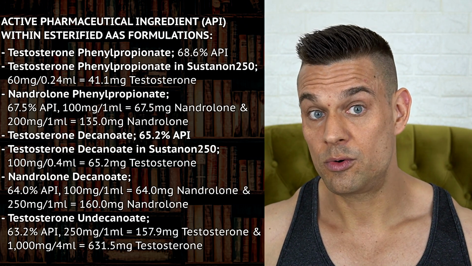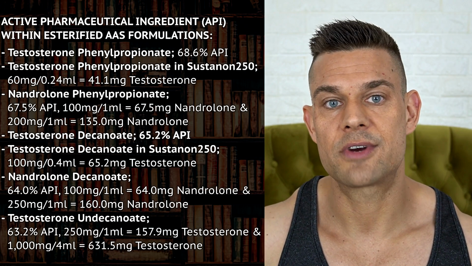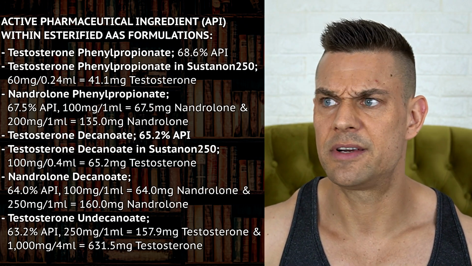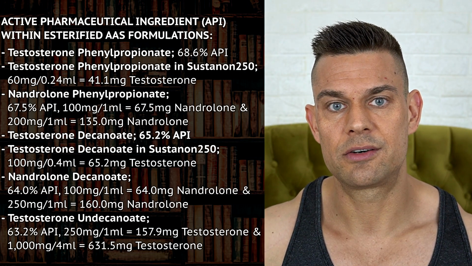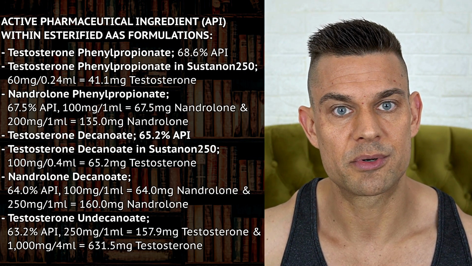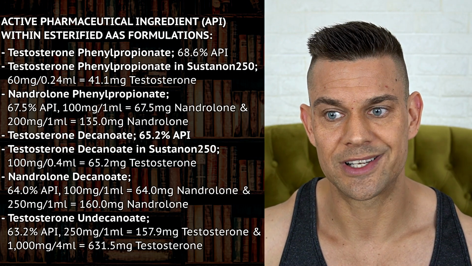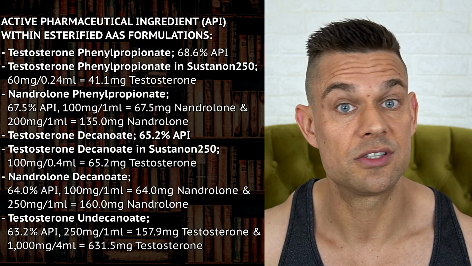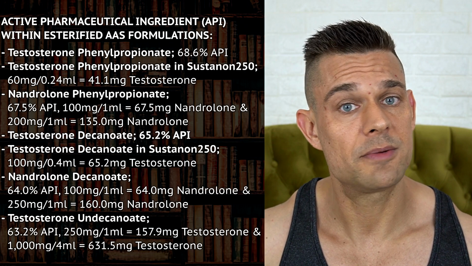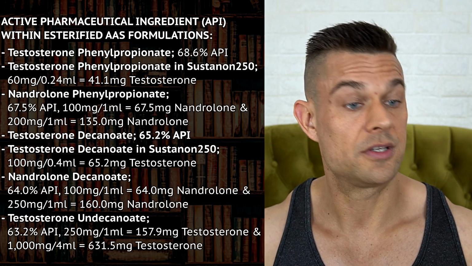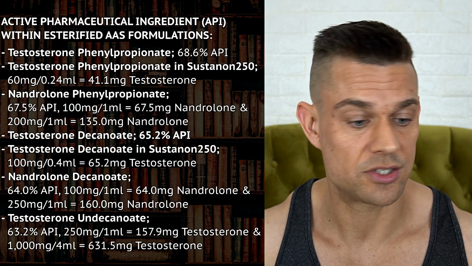Now, Nebido, if we would go by administration volume, one administration of Nebido would be 4 milliliters every 4 weeks, 8 weeks, 12 weeks, depending on how generous your hormone replacement therapy prescriber is. In most cases, it's one administration every 12 weeks, which leads to a tremendous amount of estrogen surge in the first week. But if you can somehow space out your Nebido, it might actually be beneficial. Testosterone undecanoate contains 63.2% actual testosterone.